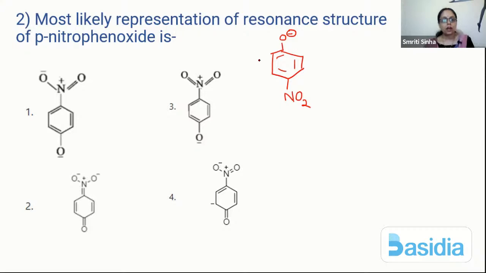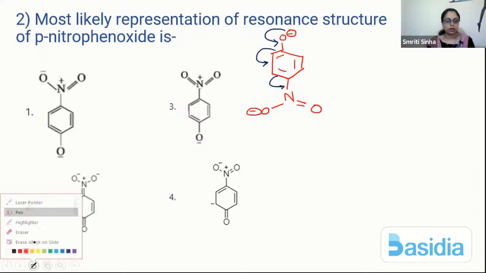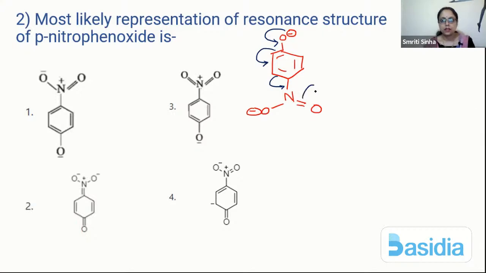Now, if I start drawing its resonance structure, you can see here this negative charge will come here, this will shift here, this will come here. You do not need to write it like this, you will make it clear so that you don't get confused. So it is O negative, double bond O, and shift this negative here.